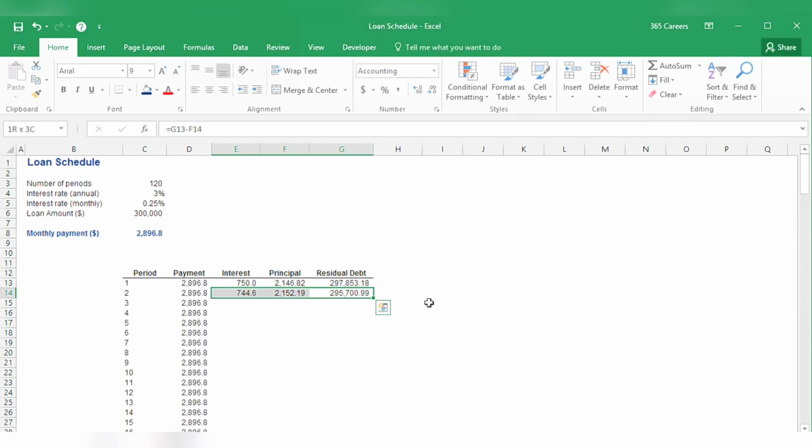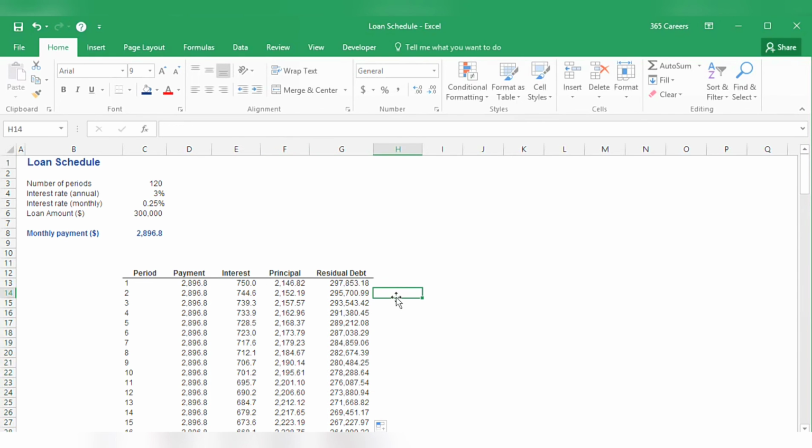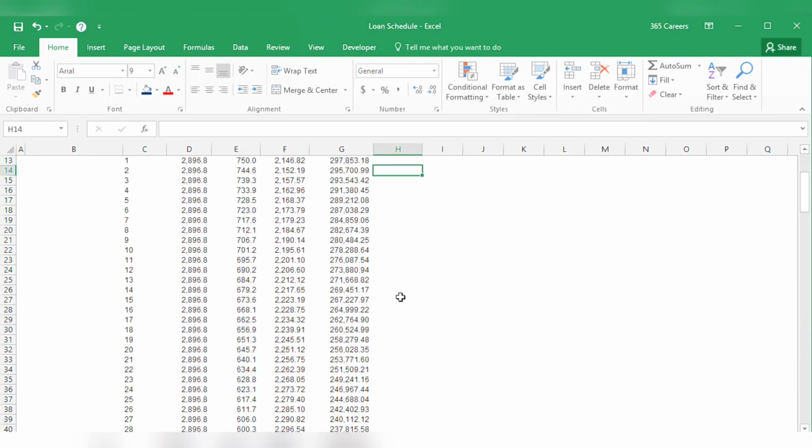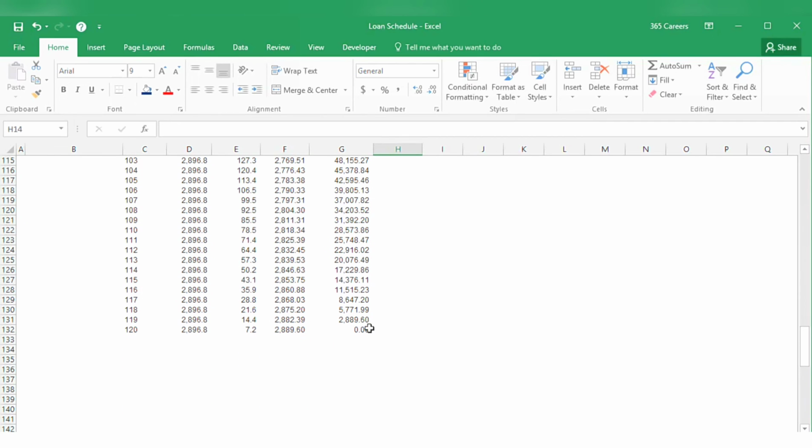We can copy these formulas to the last row of the table. As you can see, the residual debt at the end of the loan life is 0, so we worked correctly. The debt will be repaid after 10 years.